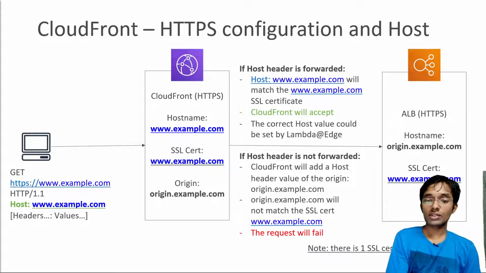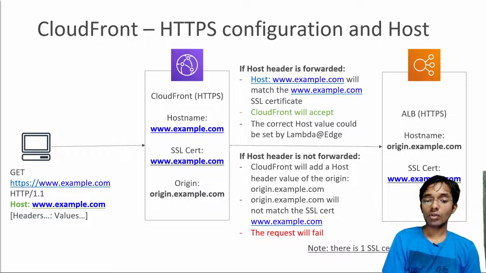So in this case, if we do forward the host header, CloudFront will accept this request. And to make sure the host header gets properly forwarded, or the correct value is added, you could use a Lambda@Edge function to modify the viewer request to add this host value that is going to match the one the ALB needs to be functioning.